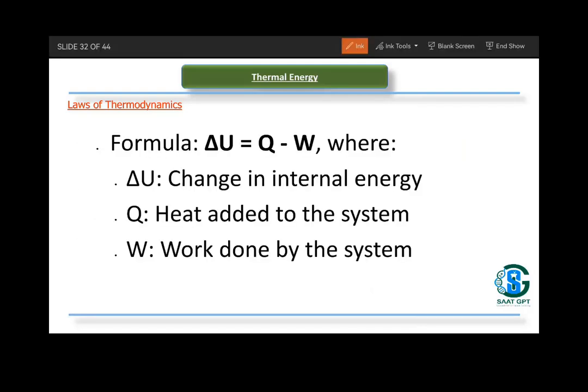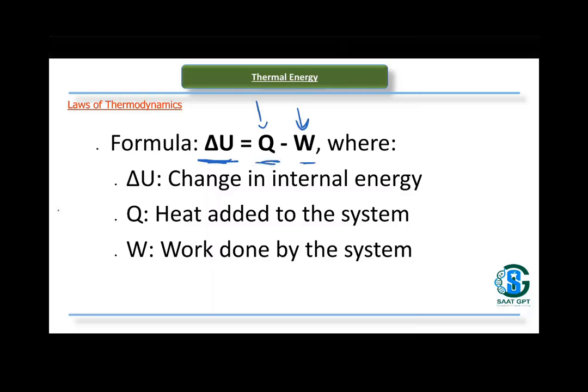The formula of the first law of thermodynamics says that delta U is equal to Q minus W. Delta U is the change in internal energy. Internal energy is the energy of particles, and it is equal to Q, the amount of heat added, minus the work done.